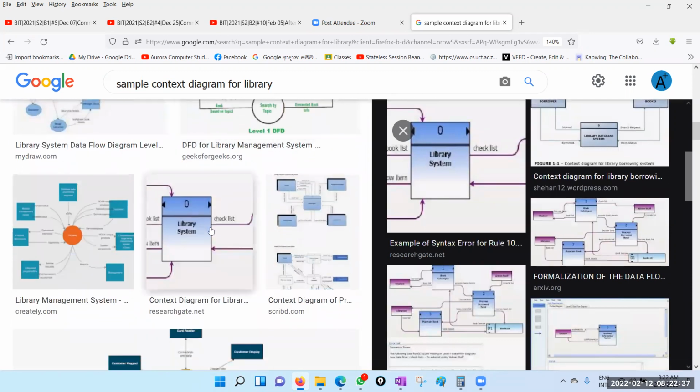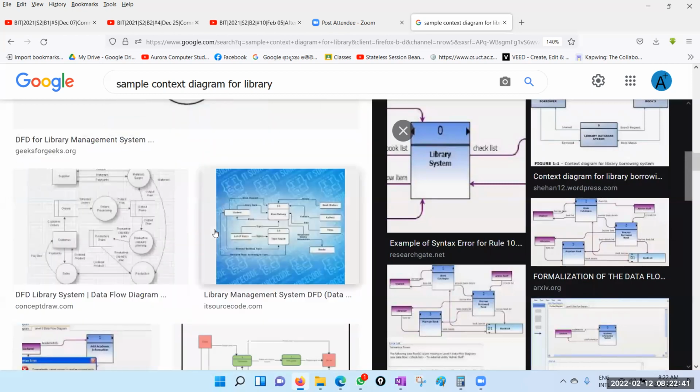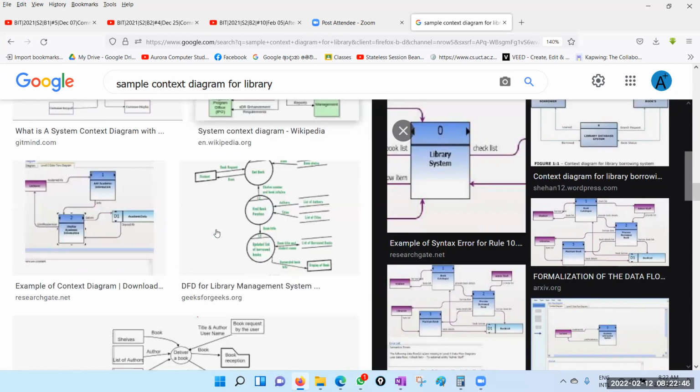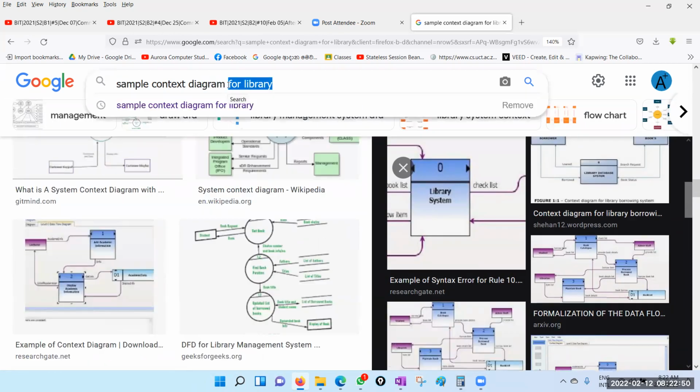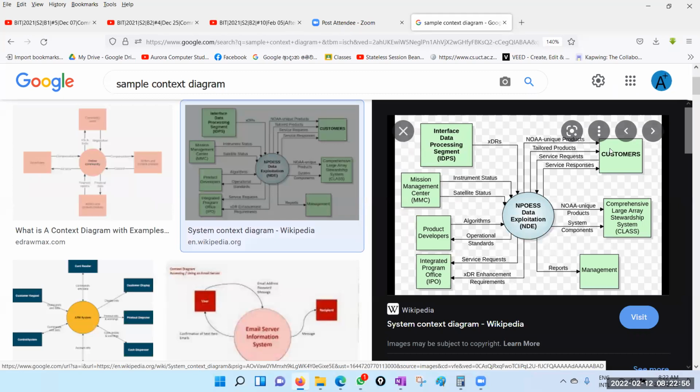This is not a context diagram. Let's say context diagram. Forget about this. Right, so it's something like this. Customer management.